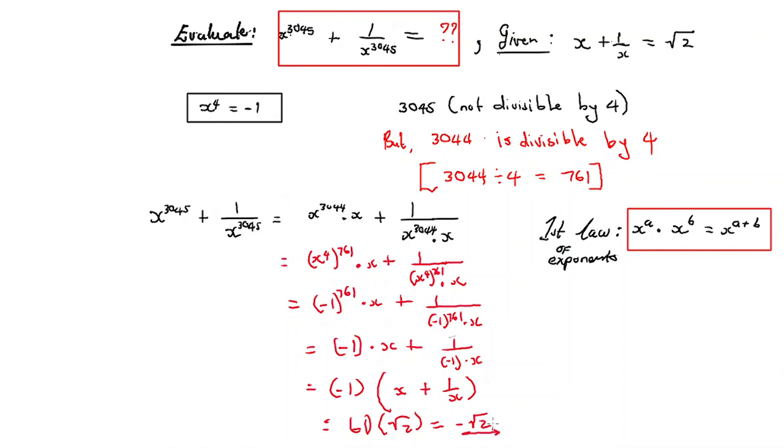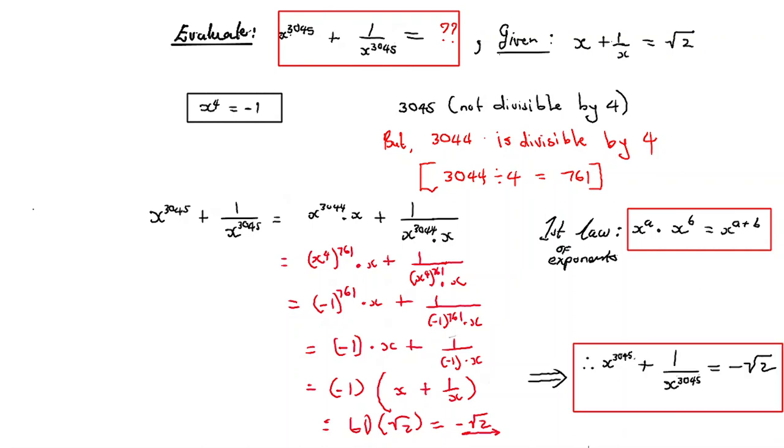So this is our value for this given expression, and this is our final answer. X raised to exponent 3045 plus 1 over x raised to exponent 3045 is equal to minus square root 2.